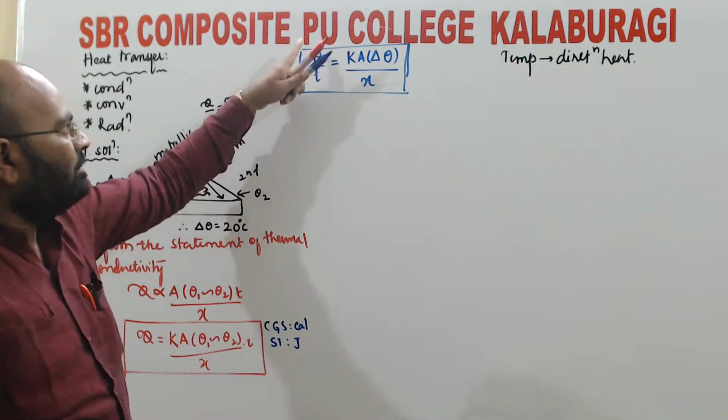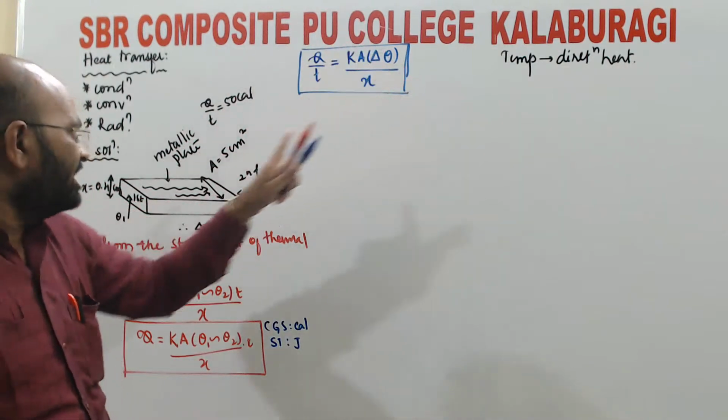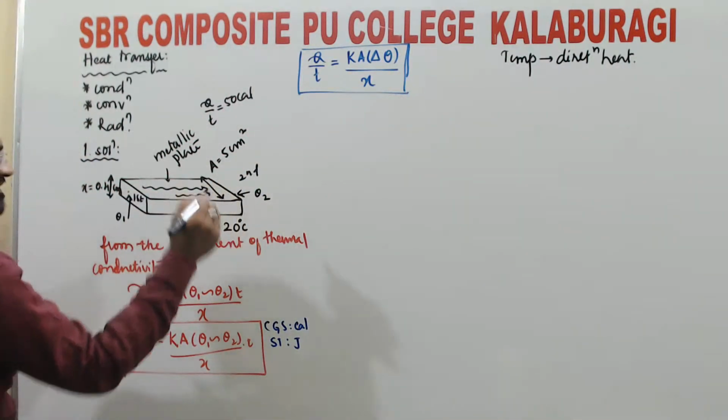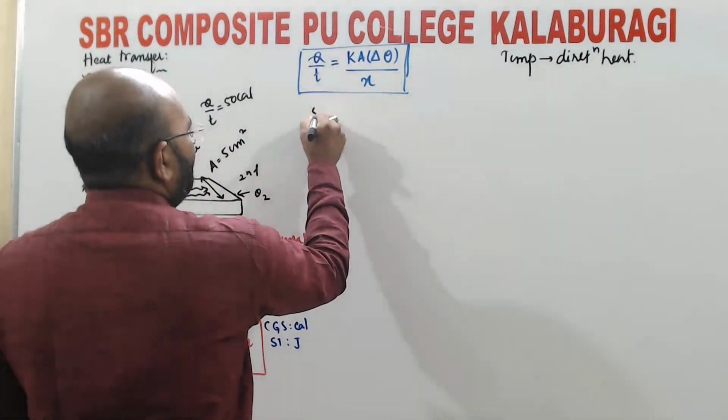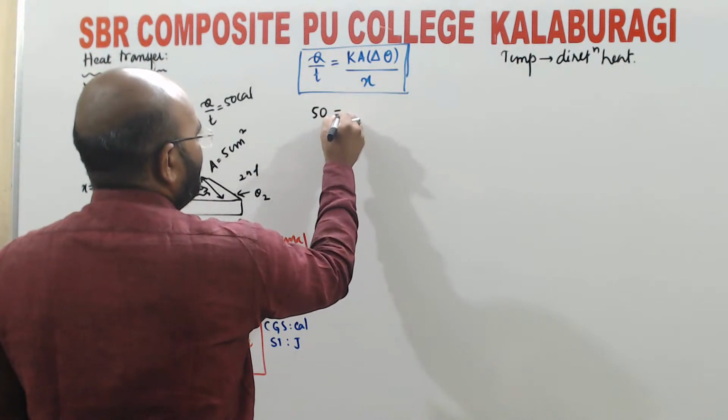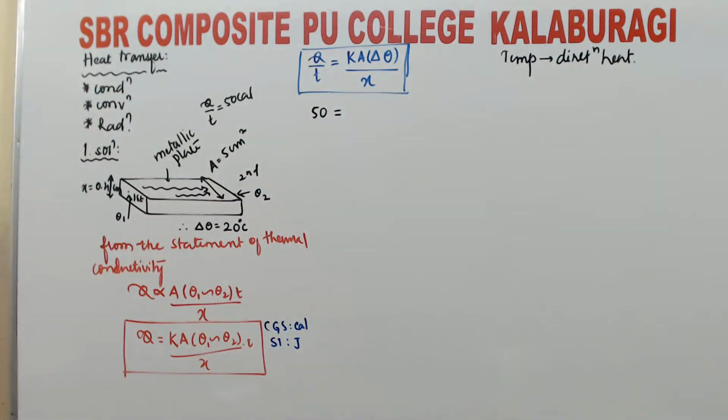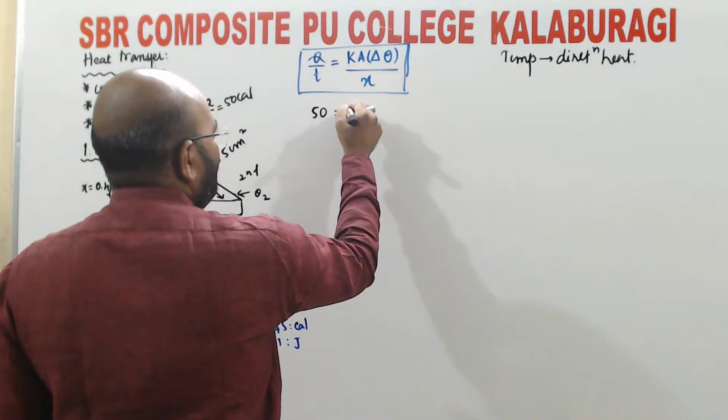Then the time taken to transfer the heat energy from the first face to the second face is given, and the energy is 50 calories. So 50 calories equals, we have to calculate the coefficient of thermal conductivity, the K value associated with the given substance.